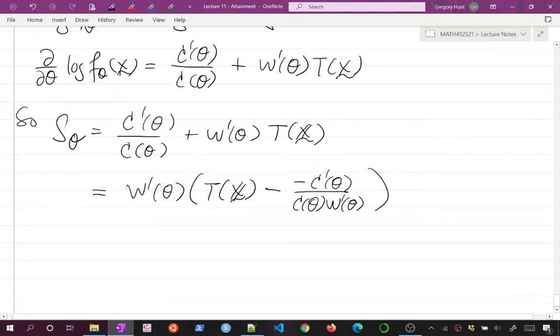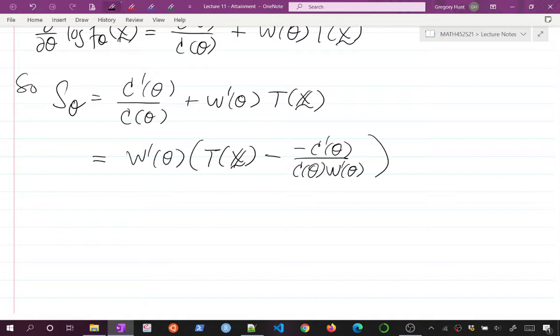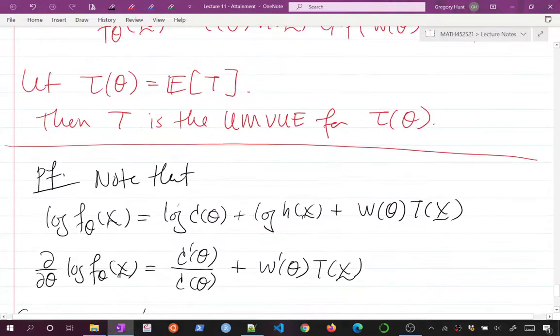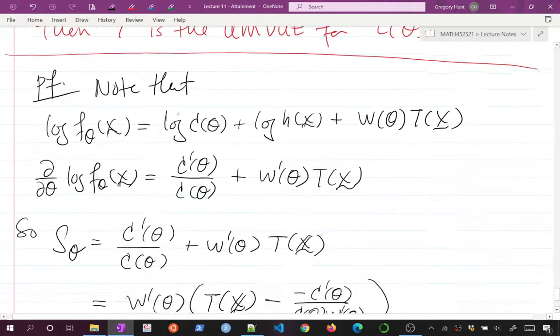And so if I were to call this tau of theta, what I would get is that w prime theta times t minus tau of theta, my score is proportional, all right? You can call that w prime of theta, you can call it a of theta. It's proportional to my statistic minus what I'm trying to estimate. And so that would show that t is the UMVUE for tau of theta.